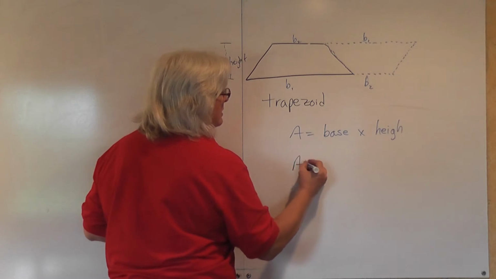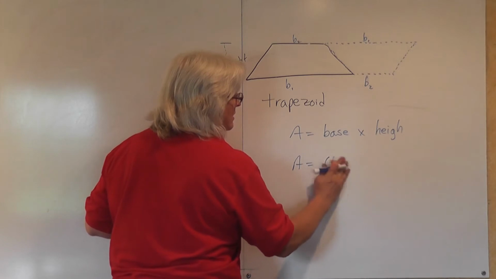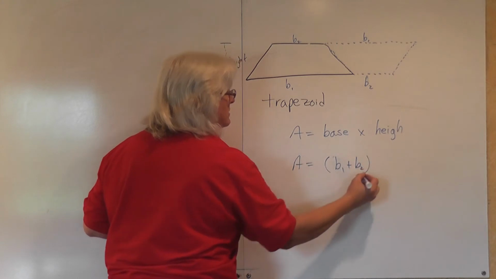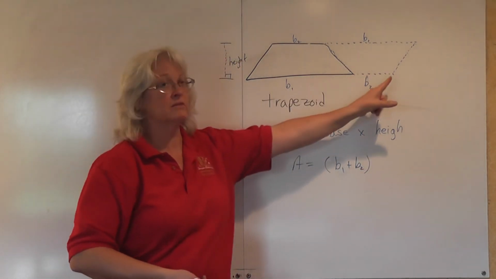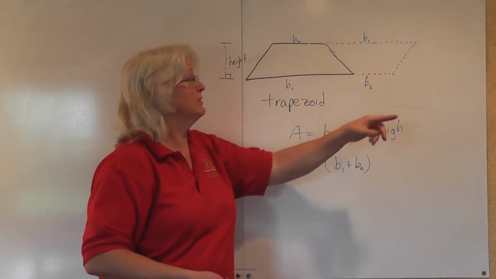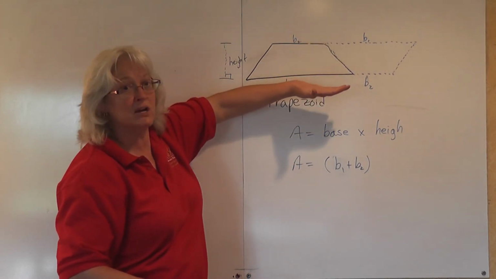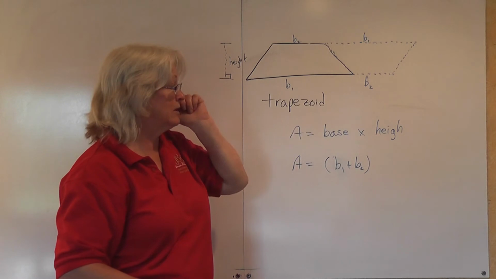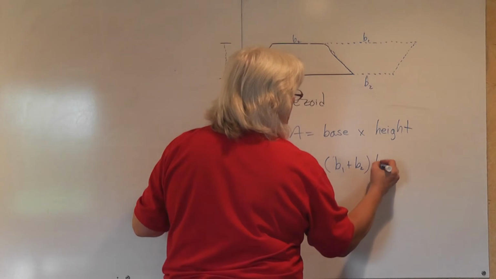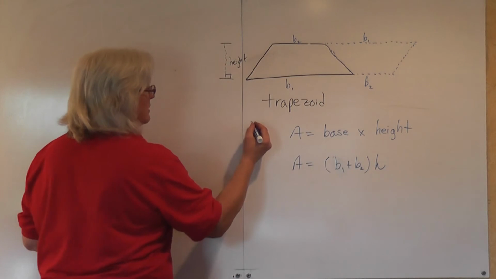From here to here is b sub 1, from here to here is b sub 2. So b sub 1 plus b sub 2 gives us the base of this parallelogram, times the height.